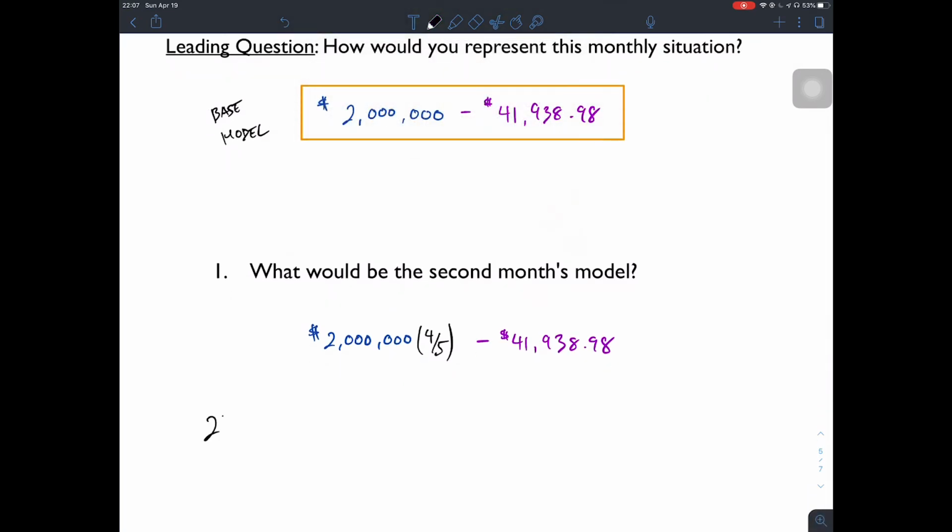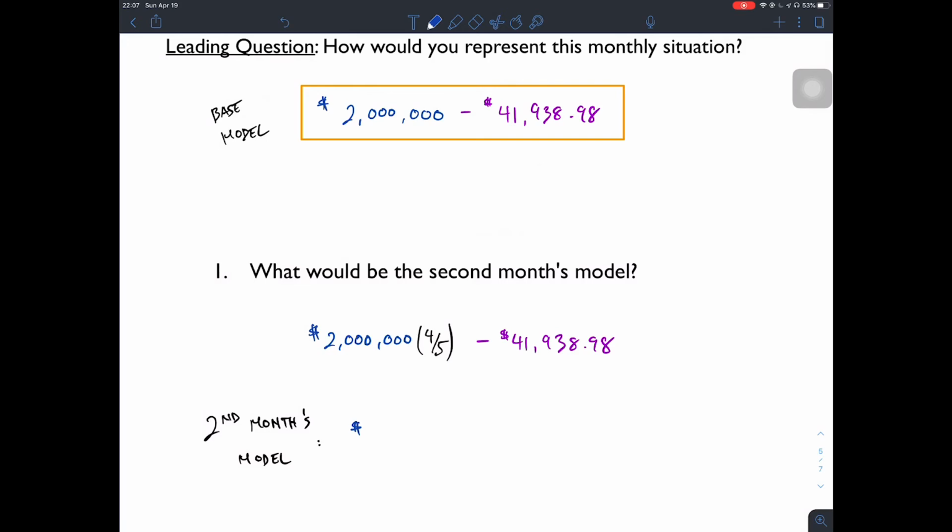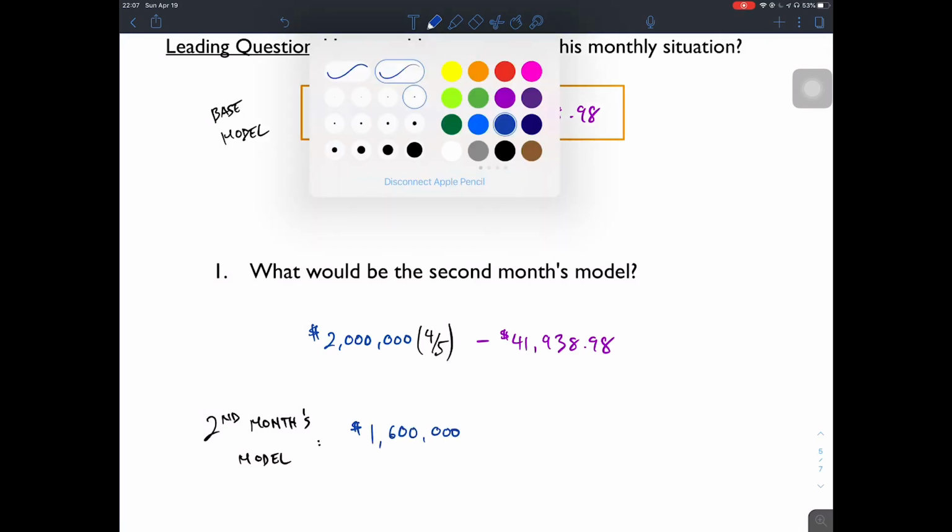Simplifying this gives you the second month's model, which is now 1,600,000 minus the lot's lease.